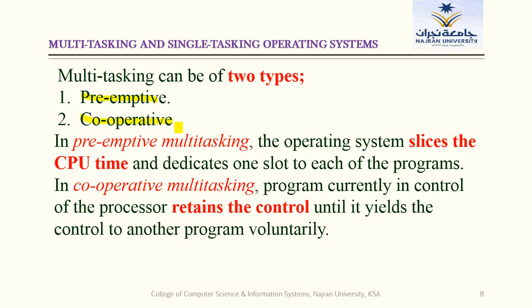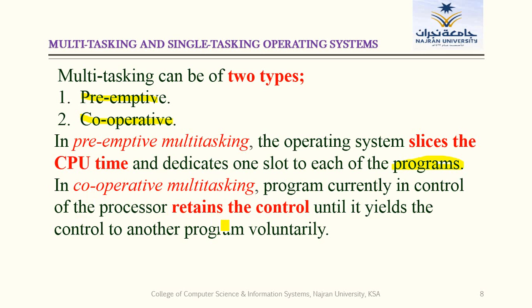Like our class time is 60 minutes, from 8 to 9 it is for the operating system course, from 9 to 10 maybe you have another class, and 10 to 11 another class. So your time is divided. In the same way, in preemptive multitasking, the operating system divides the CPU time and gives one slice to each program or each process. We will see in the next topic that a program becomes a process when it is in main memory.